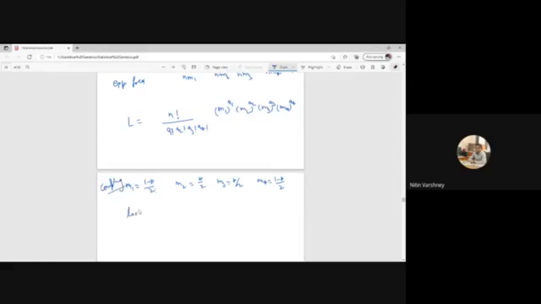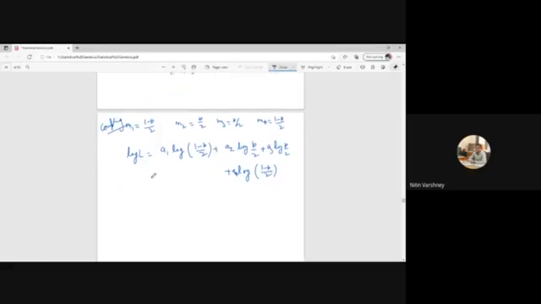now what will be the log L? Log L will be a1 log of m1, m1 is (1 minus p)/2, plus a2 log of p/2, plus a3 log of p/2, plus a4 log of (1 minus p)/2. Okay.